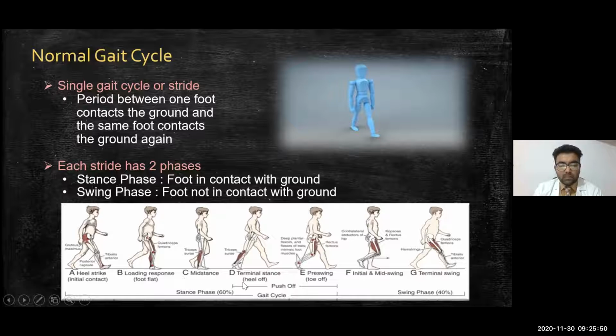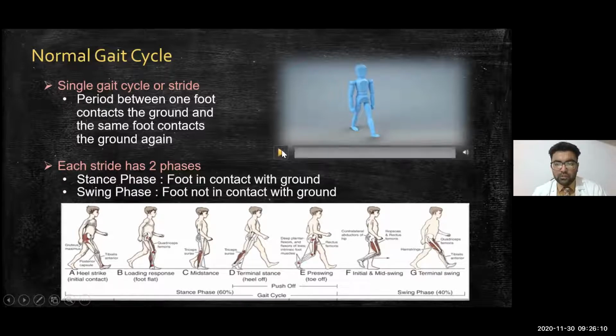So this entire portion of the gait cycle is defined as the stance phase. Next, the other portion of the gait cycle is the swing phase. When the foot is not in contact with the ground, that portion is known as the swing phase.